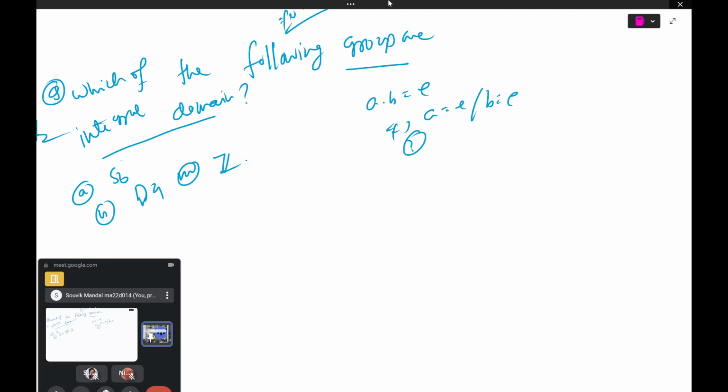So did you check S6? Can anyone tell me whether S6 is an integral domain or not as a group?